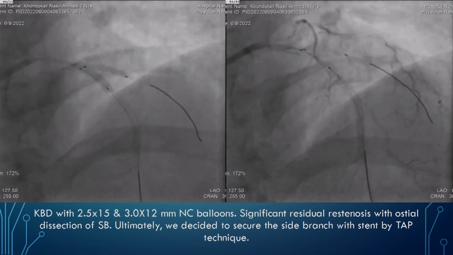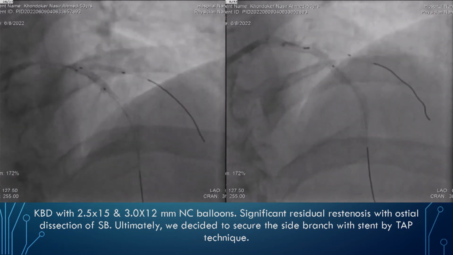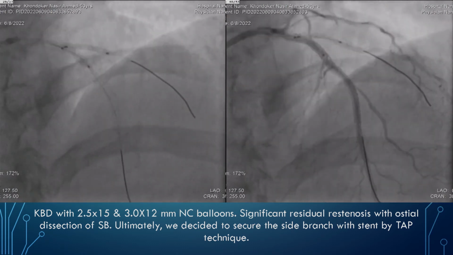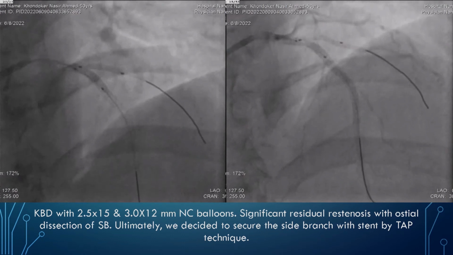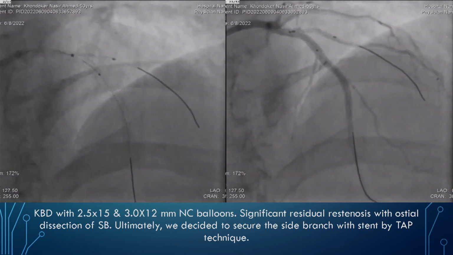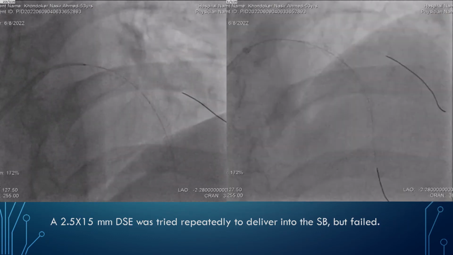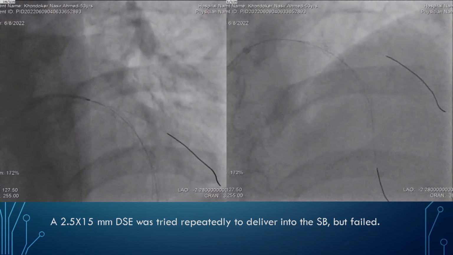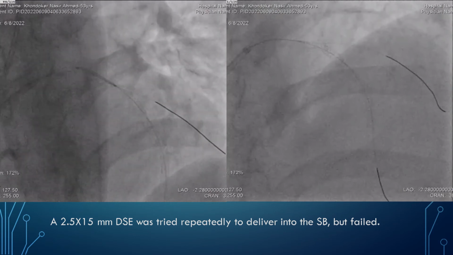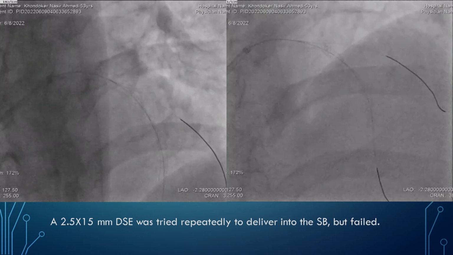But there was significant residual stenosis with ostial dissection of the side branch. Unfortunately, we decided to secure the side branch with a stent by TAP technique. A 2.5 by 15 DES was tried repeatedly to deliver to the side branch, but failed.